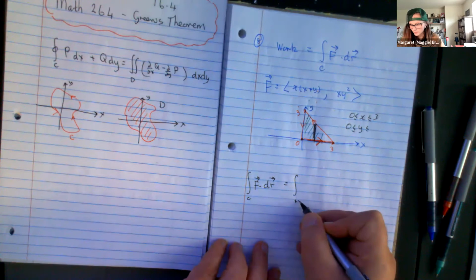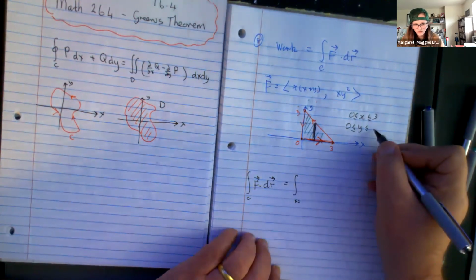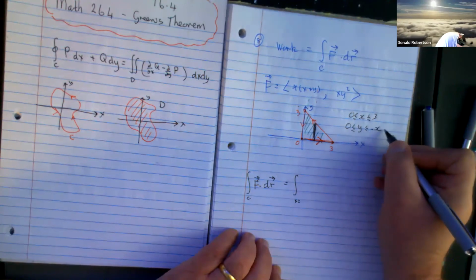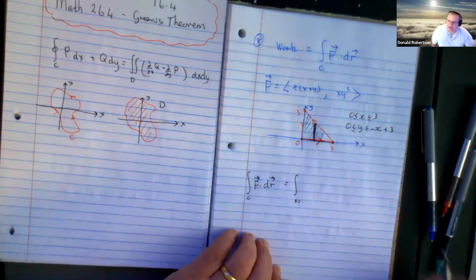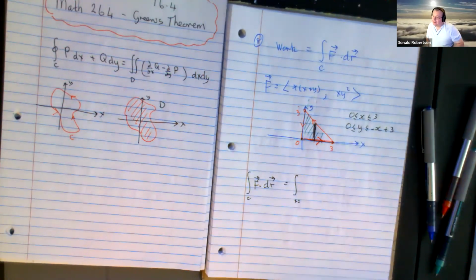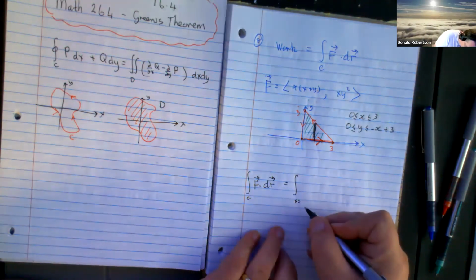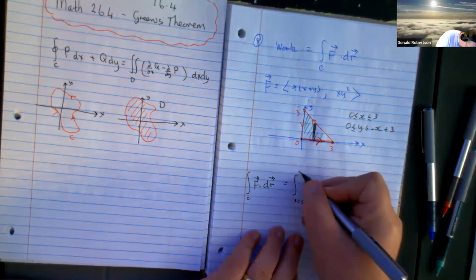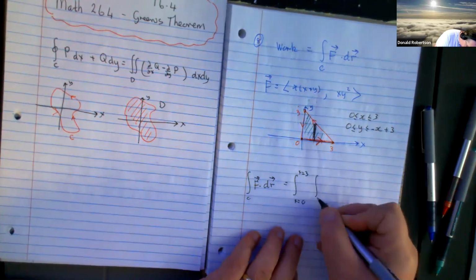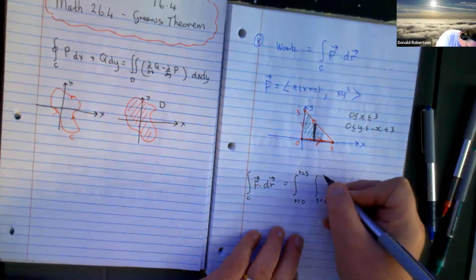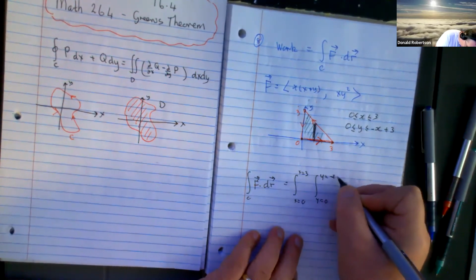Is it -1 plus 3? You probably didn't notice, but you forgot to say the x. Agreed? Okay, so x goes from 0 to x equals 3, and y equals 0 to y equals -x add 3.